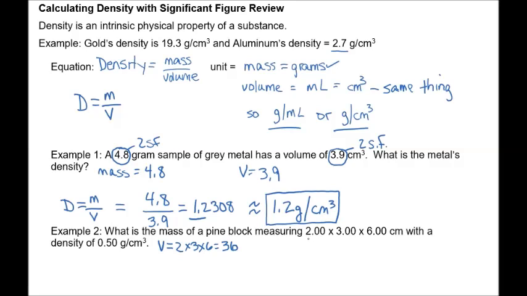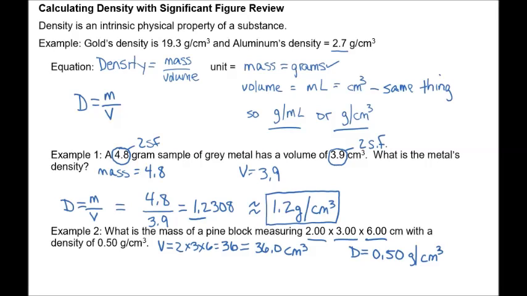We've got 3 significant figures here, 3 here, 3 here. So we're going to write this down as 36.0 centimeters cubed. Now, our density is equal to 0.50 grams per centimeter cubed. And that's going to have 2 significant figures. We'll keep track of that later.